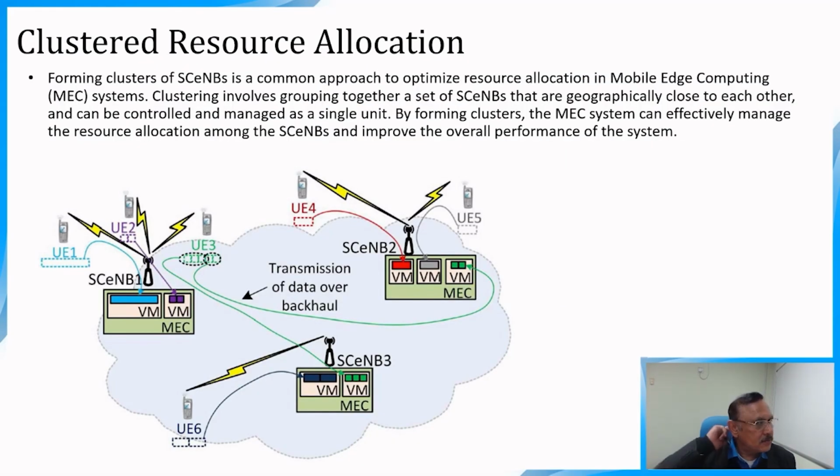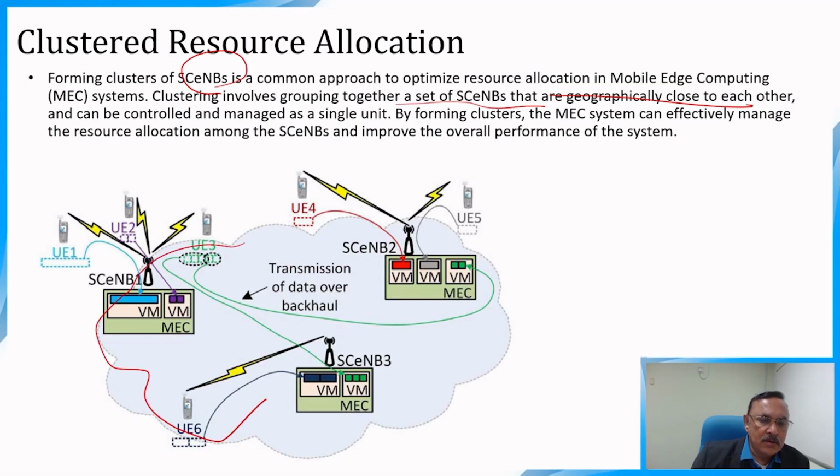Now, clustered resource allocation. Forming a cluster of SCENBs is a common approach to optimize the resource allocation in mobile edge computing. So, clustering involves grouping together a set of SCENBs that are geographically close by. You can see here they are being grouped together because they are close by.